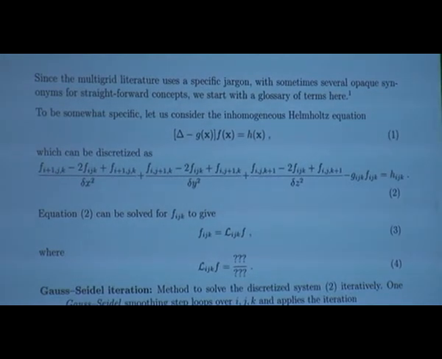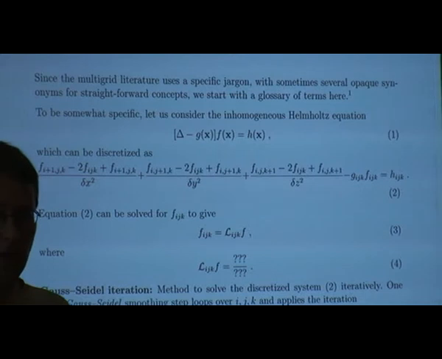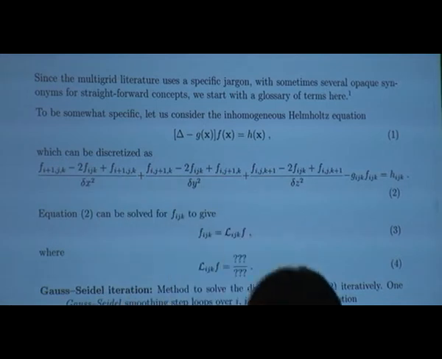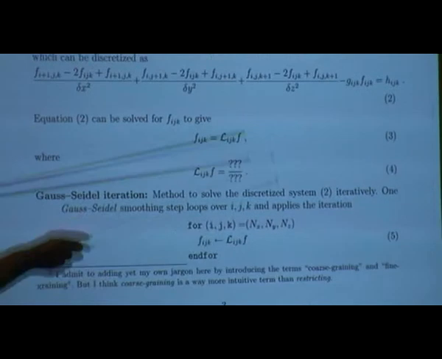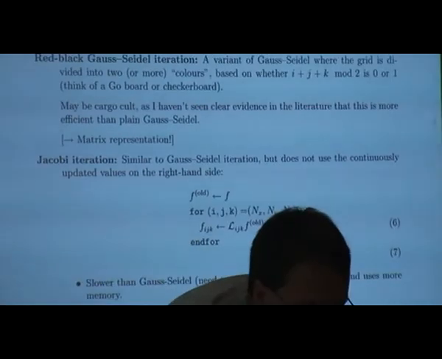There's red-black Gauss-Seidel, which I haven't found any reference of why or whether really that should be better. So I think that there's lots of cargo cult around the whole thing, and I implemented only the stuff that seemed to make sense to me. And yeah, here's an attempt of writing this iteration scheme, but that's just the thing that I talked about.